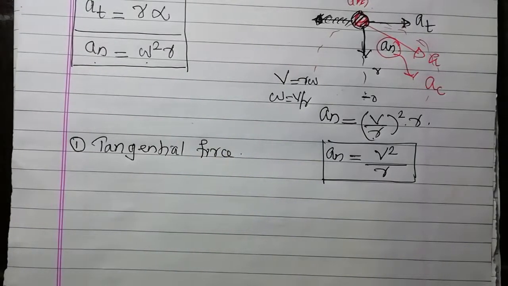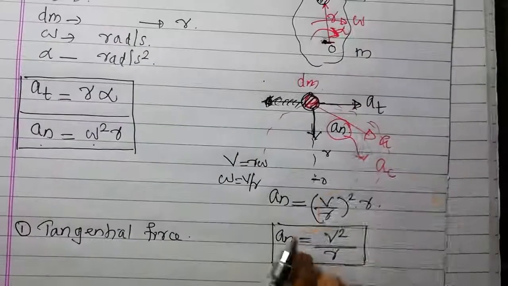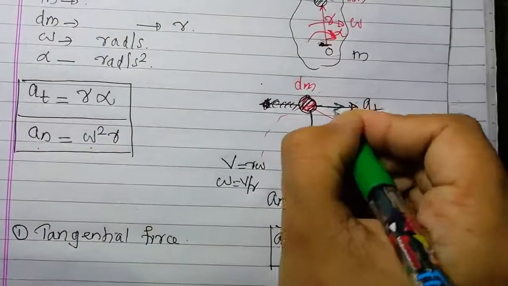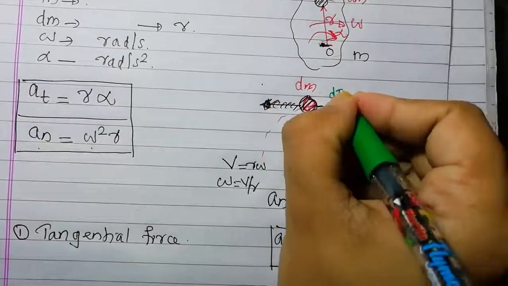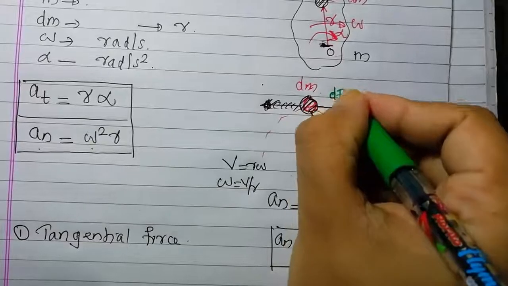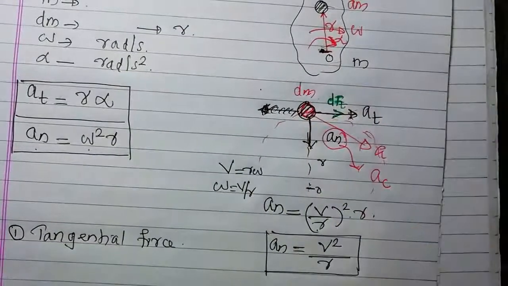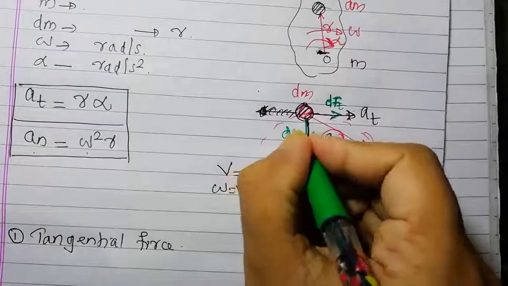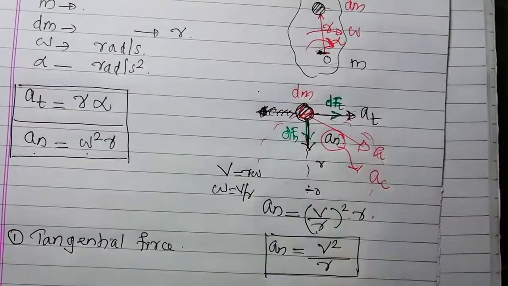Since the direction of tangential acceleration is like this, the direction of tangential force is also in this direction. Since it's for a small element, I can take dFt as the tangential force, and the direction of normal force is towards the center, dFn.